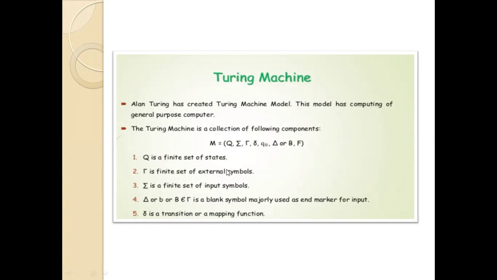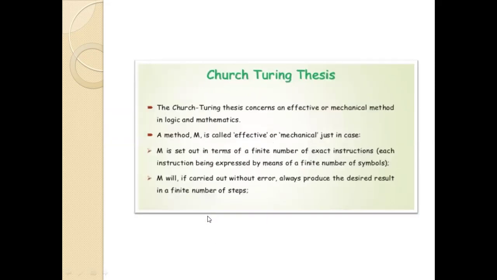Then this is a finite set of external symbols. Then this summation is a finite set of input symbols. B stands for what we already know, the blank symbol, majorly used as a marker for input. Then this is a function known as the transition or mapping function. Now, Turing thesis, you got it.